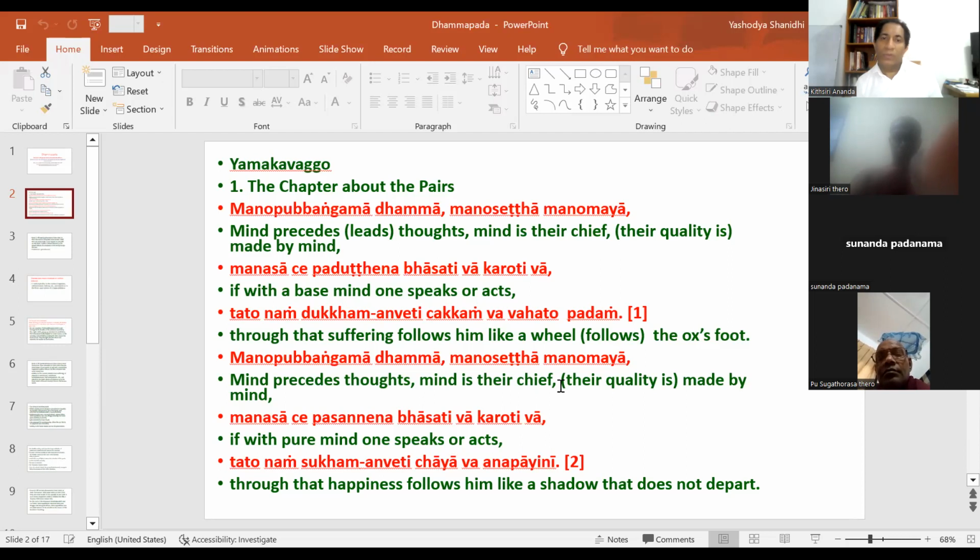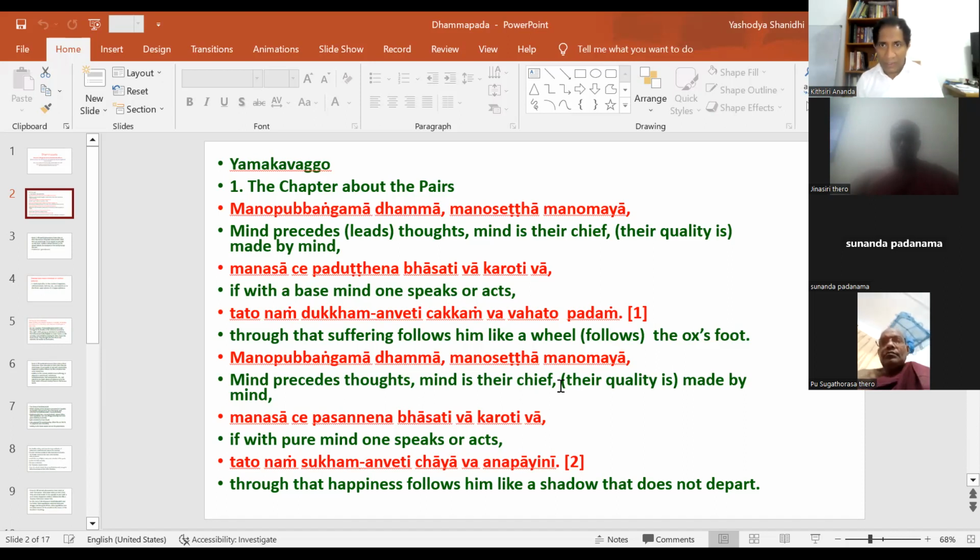All thoughts, or mental constructions, or mental formations, generally we call thoughts. Mind proceeds, mind leads in generating or initiating thoughts.